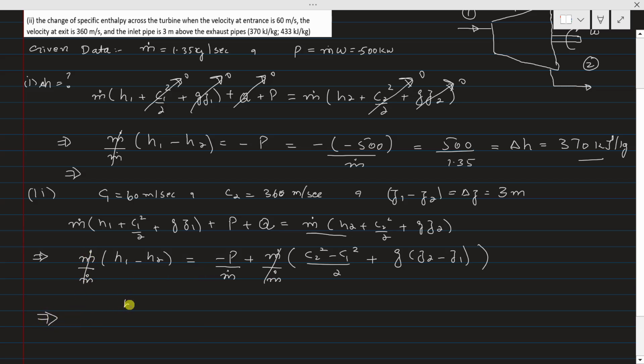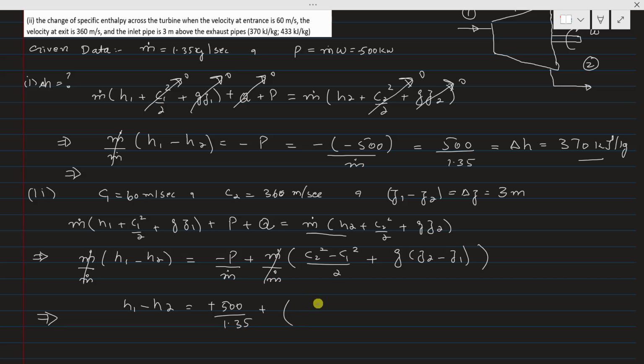So the change in enthalpy H1 minus H2 is equal to, putting the values, our output, which is also minus, so minus minus becomes plus 500 divided by 1.35, plus C2, that is 360 square, minus 60 square, divided by 2, and we also divide by 1000 to convert into kilo, plus g value, that is 9.81, times Z2 minus Z1.